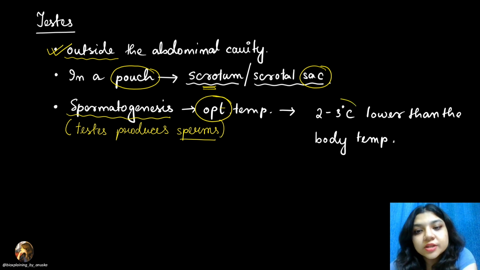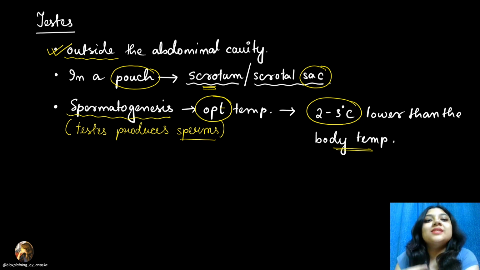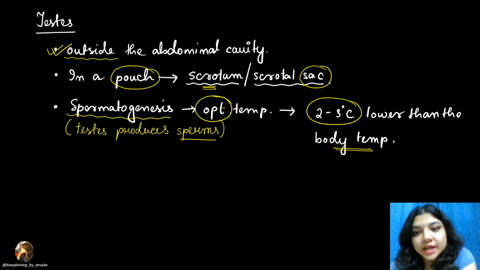That temperature is around 2 to 3 degrees centigrade lower than the body temperature. So that is why the testis is not present inside the abdominal cavity, because the required temperature is 2 to 3 degrees centigrade lower than our normal body temperature.